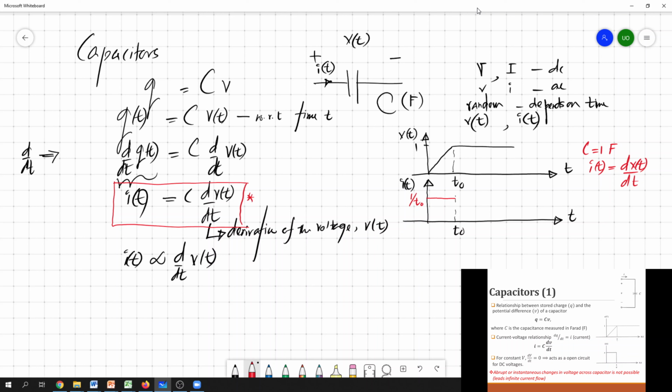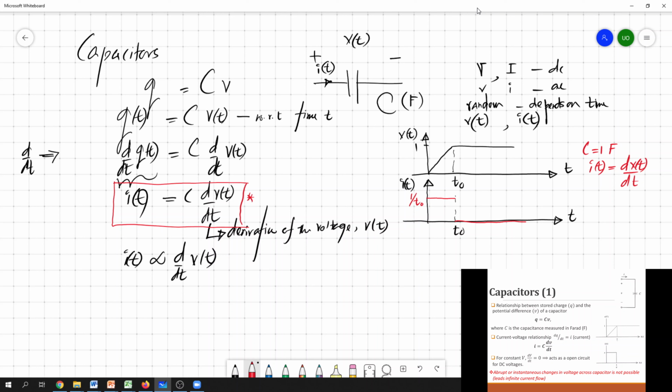So from here onwards, the induced current is 0. So this is the variation of the induced current across the capacitor. During this ramp, you have a constant current flow through the capacitor. Once this voltage converges to 1 volt, you don't see any current flow through the capacitor.